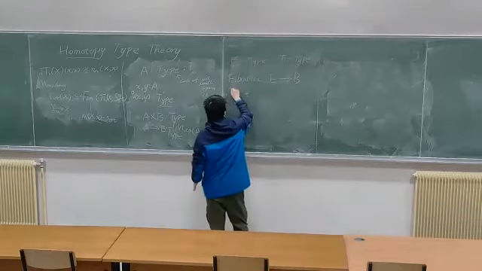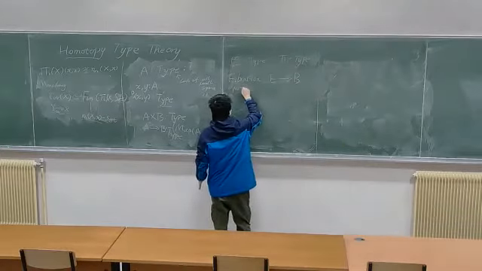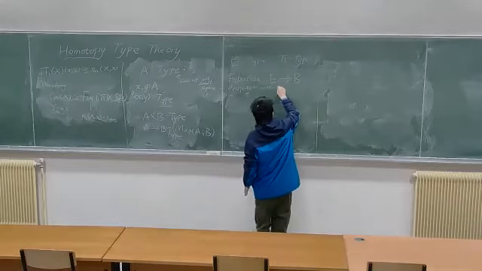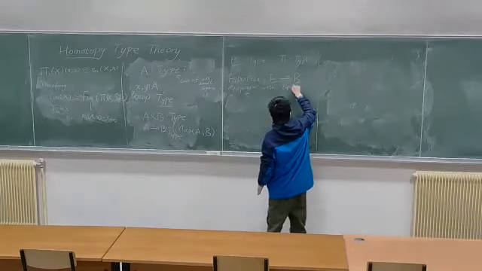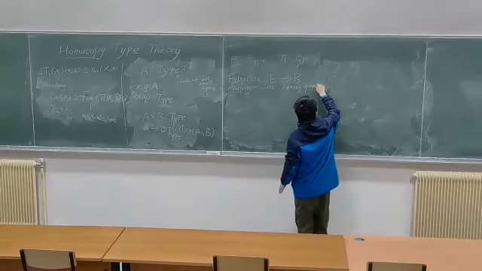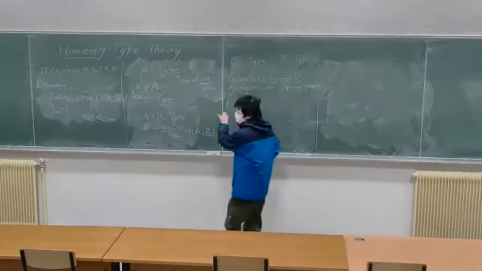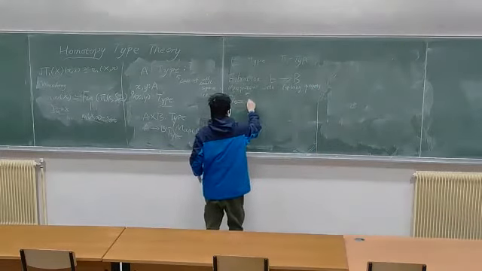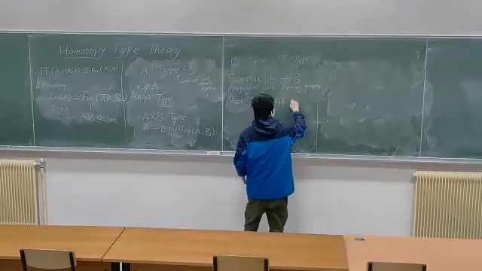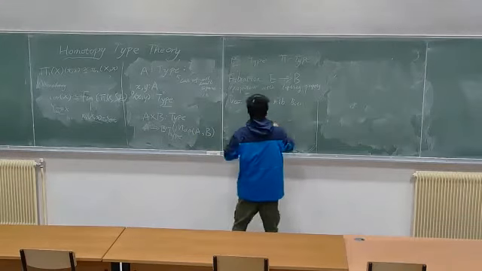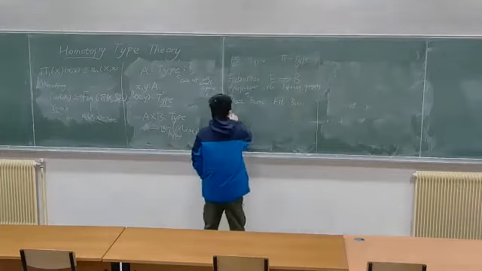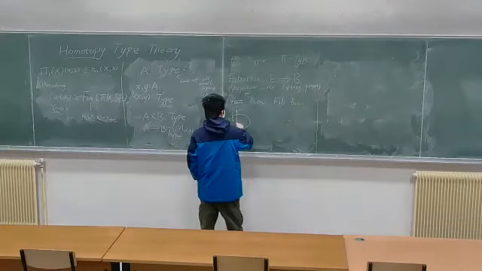A fibration is kind of like a projection with mixing properties. A basic example is a vector bundle or fiber bundle. You can think of it like this: this is a vector bundle, this is a base space, and this is the fiber.